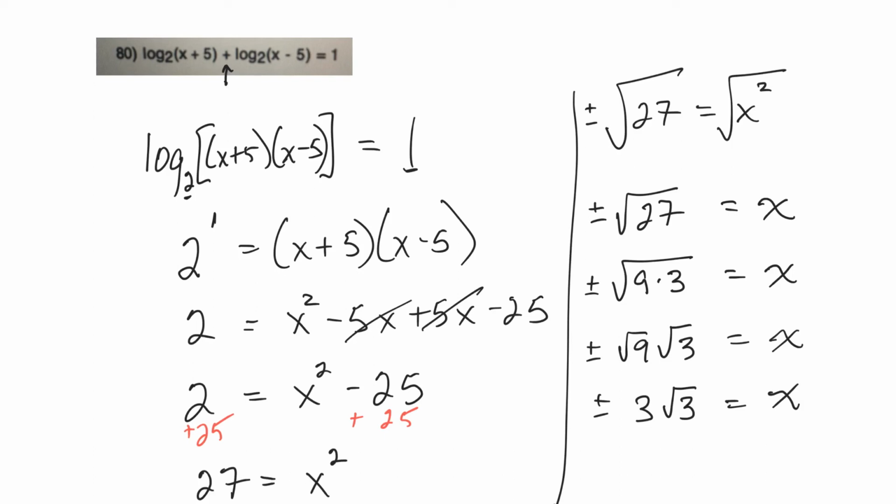Now, if I take the negative of that and plug it right in there, log base 2, the answer would be like negative 5 point something. It'll be negative 5 point something minus 5. That gives me a negative 10, and you can't take the logarithm of a negative number, so I would cancel out the negative sign. So I'd say my only answer is a positive 3 root 3.